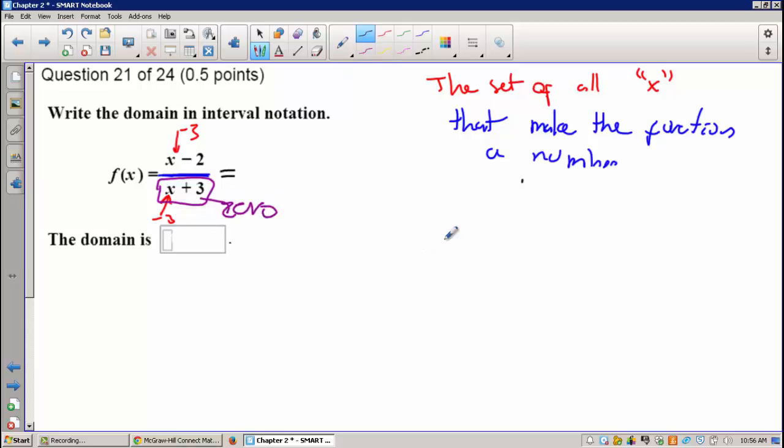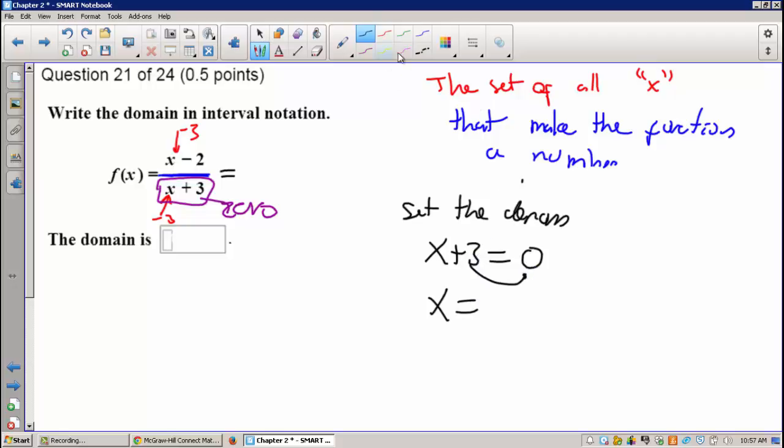And when the denominator becomes 0, then we have a real problem. So what she did is she set the denominator to 0, and then found that when you subtract 3 from both sides, when x becomes negative 3, then we have a problem. So that's how you find your terrorists. They are hiding underground in the denominator.